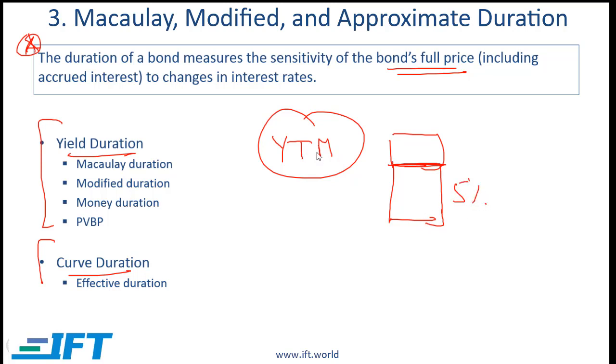The YTM on the corporate bond is 6%, which means that the spread is 1%. With yield duration, we will consider the changes in the overall YTM, which includes the spread. With curve duration, we will only consider the changes in the interest rates of government bonds, which is our starting point over here.